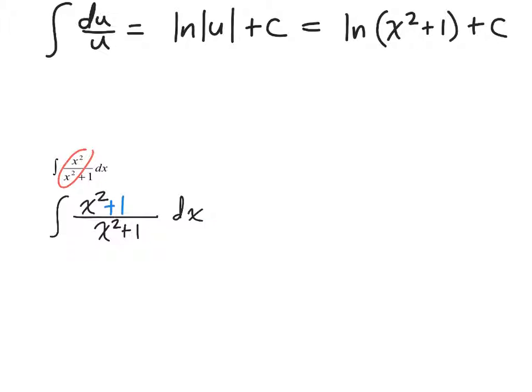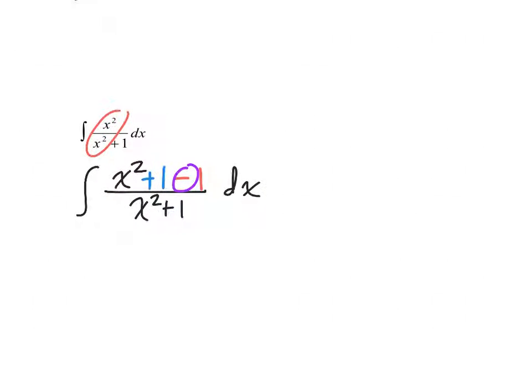Well, no, you can't just add 1 to part of a fraction, right? It's just not allowed. So I'm going to account for that by also subtracting a 1. Same fraction, right? 1 minus 1 is 0. This is equivalent. But what this allows me to do is a sneaky little move here. It allows me to break up my integral by that minus sign. I don't quite get everything I wanted, but I do get some of what I wanted.